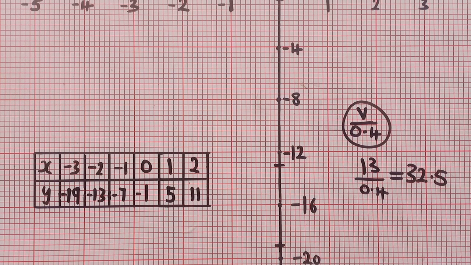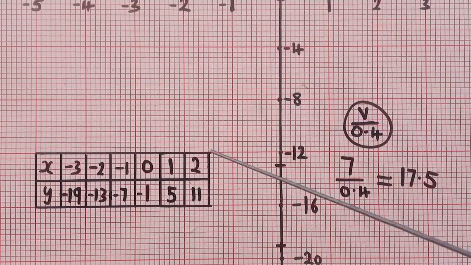Now, we see that this 13 over 0.4 is equal to 32.5. That is here. I used a slash for doing it. Let us now locate this -7 along this axis in like manner.